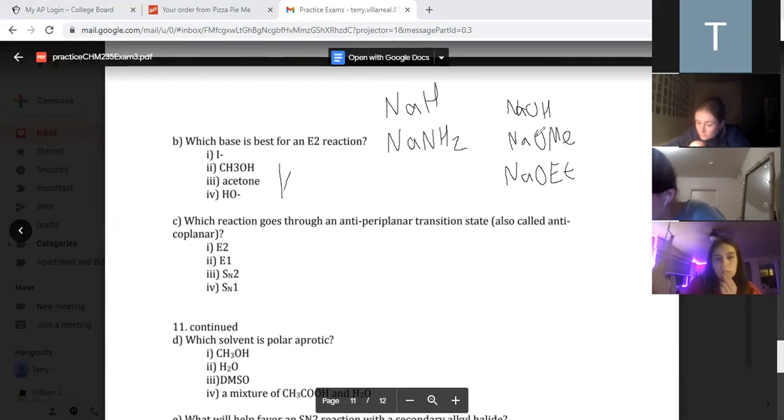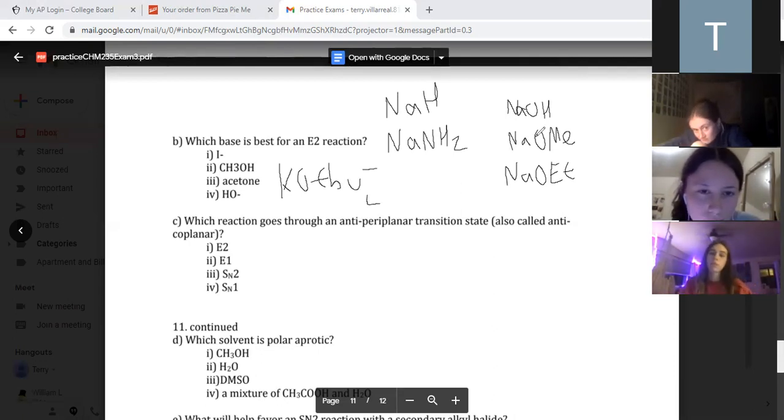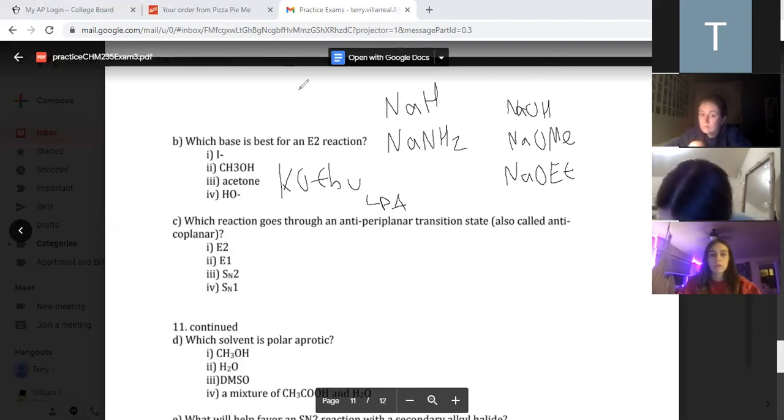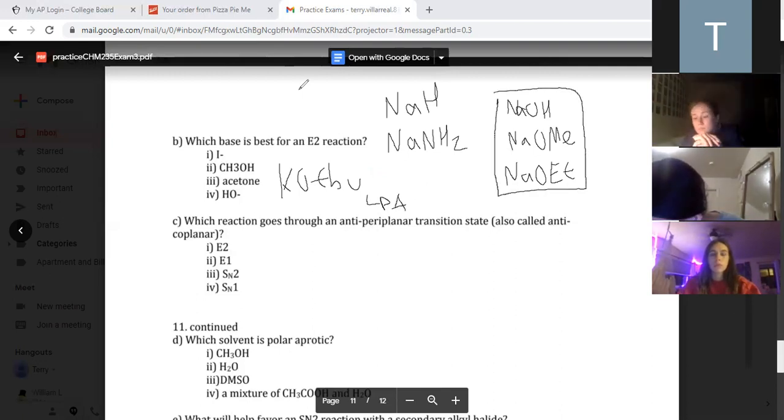And then potassium tert-butoxide is the other one. And then I think I've seen LDA once. This is lithium diisopropylamide. These are your 7 common bases for E2. If you see any of these, you should immediately think of E2. So small bases for E2, bulky bases for E2.